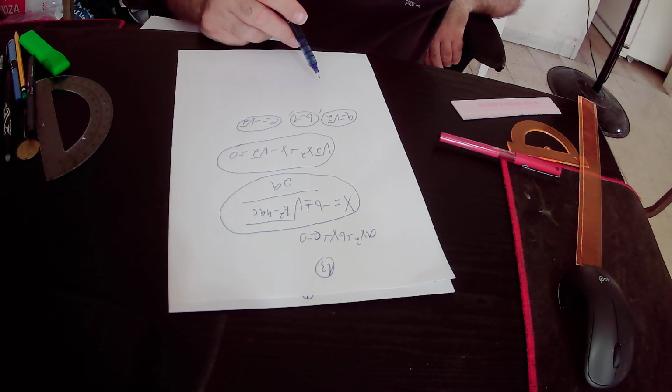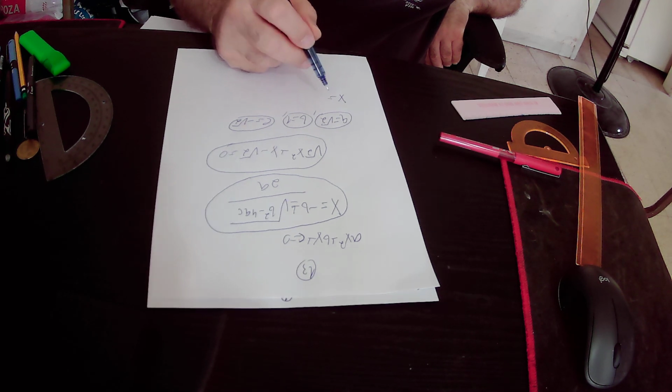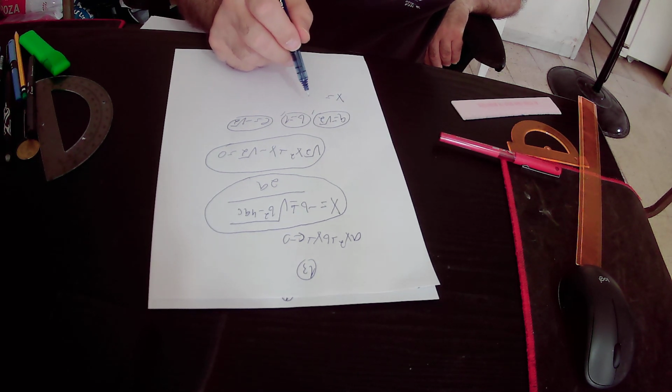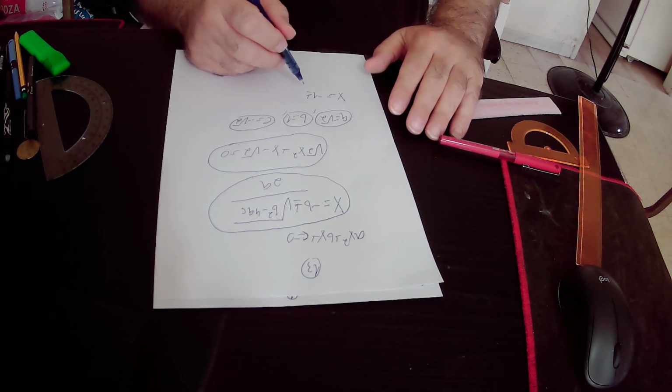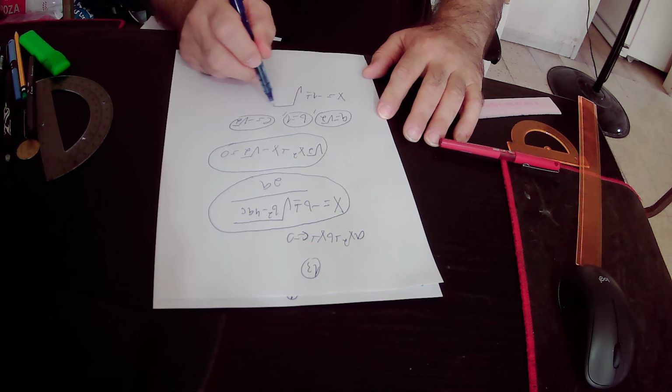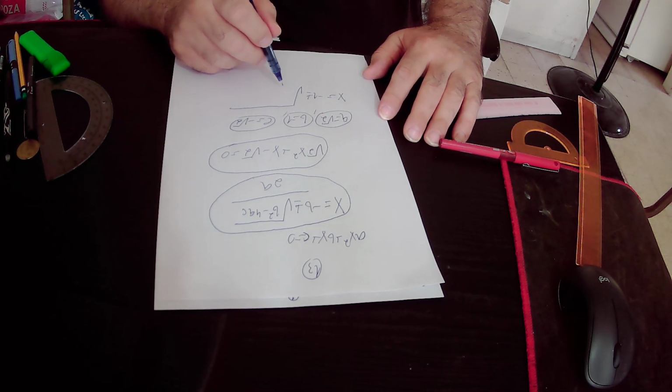So in our specific quadratic equation, x will be equal to minus b, b equals 1, so minus b is minus 1, plus minus root of b squared.